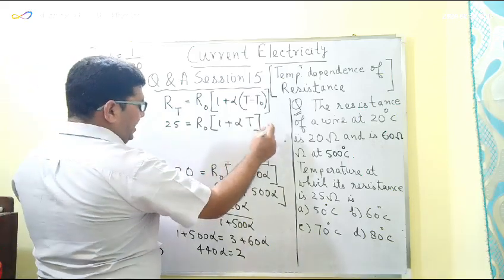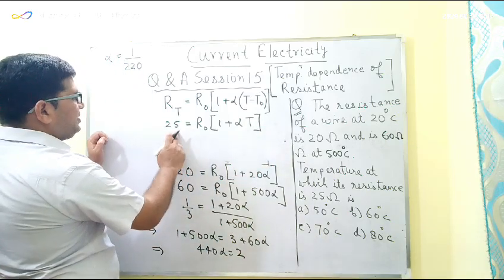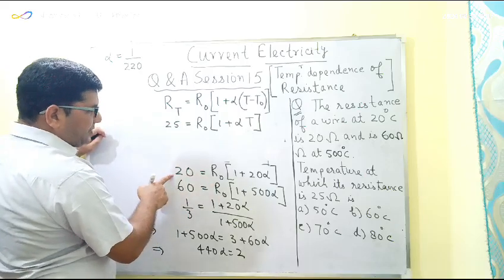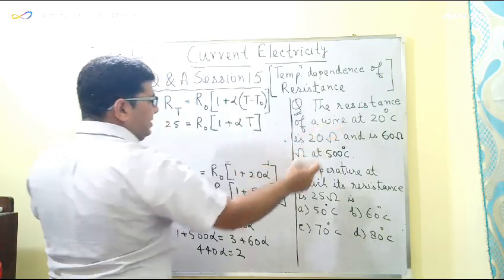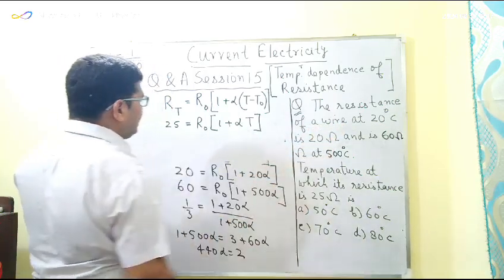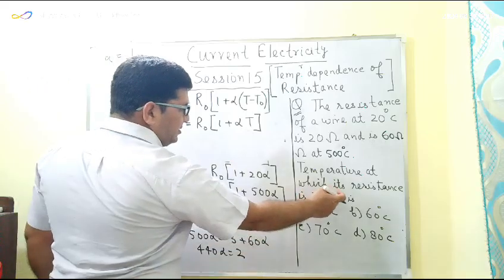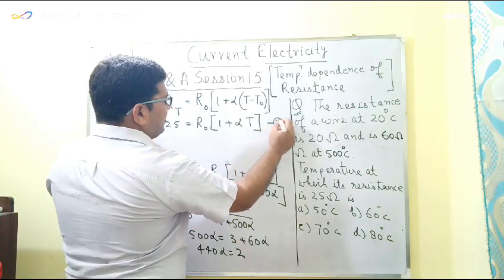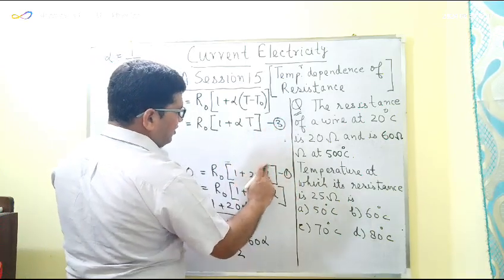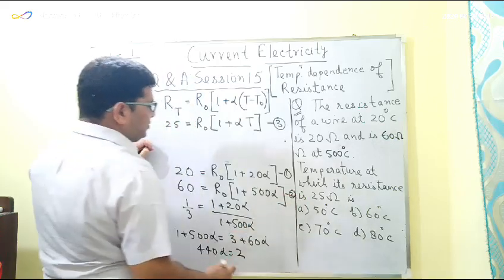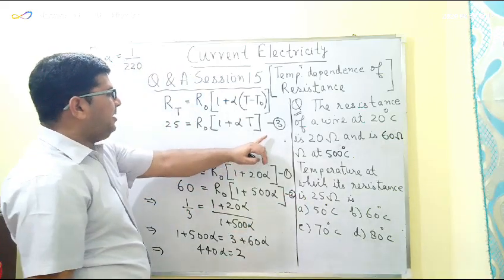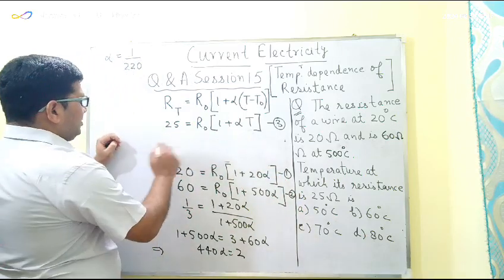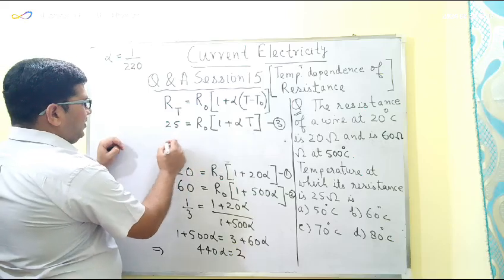This is the third equation which I have got, this is the first equation based on the first condition, this is the second equation based on the second condition, and this is the third equation based on the third condition. So let us say this is equation number 3, this is equation number 1, and this is equation number 2. Again I will be using equation number 1 and 3 in order to find the value of T.